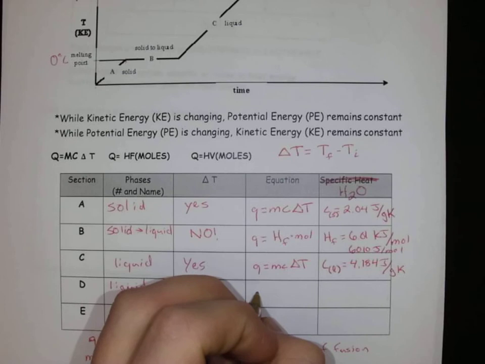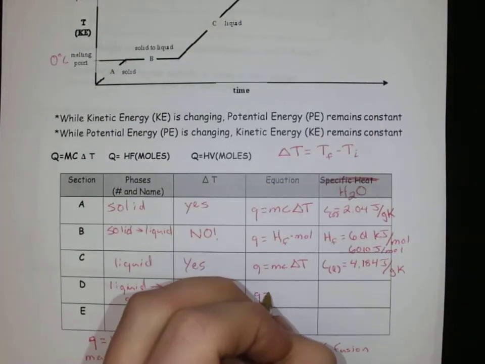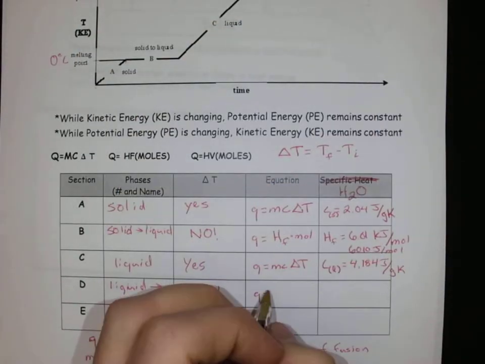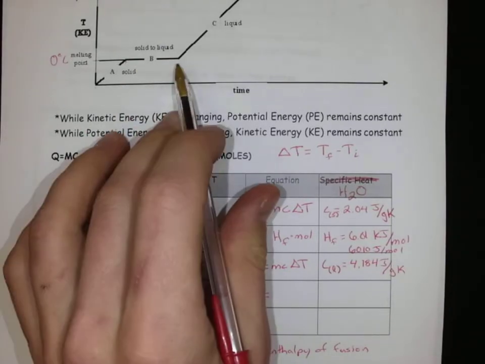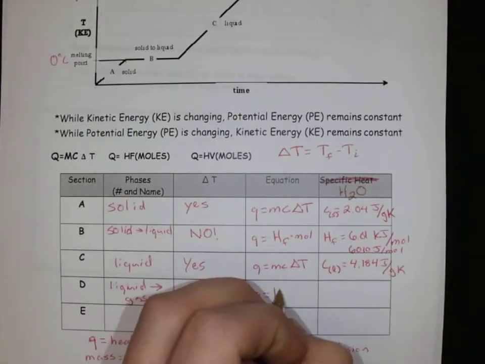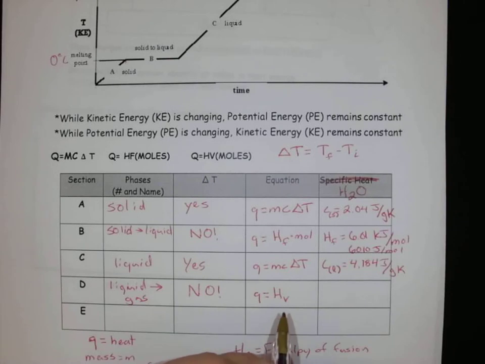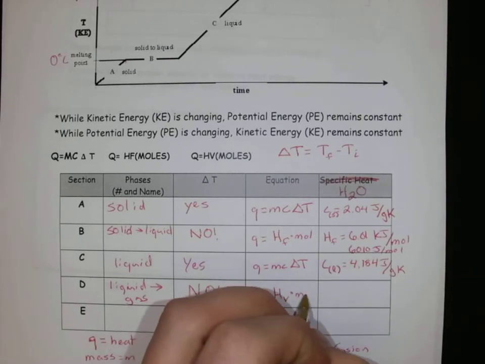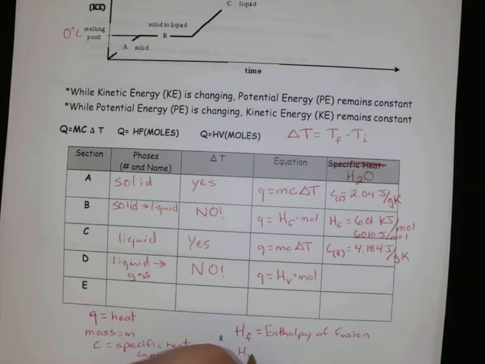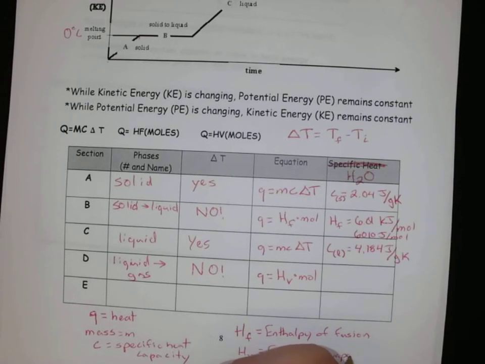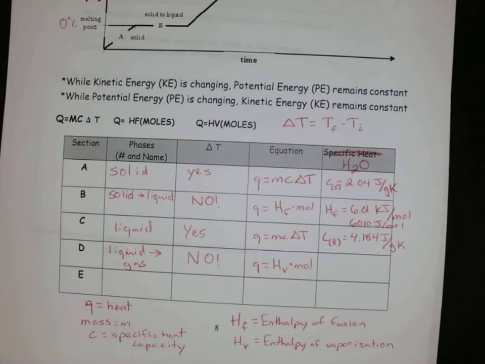So our equation to describe this section, as we go through that boiling, is going to be similar to our melting point. But for our boiling, we're going to use the heat or the enthalpy of vaporization times moles. So the heat of vaporization, the enthalpy of vaporization, is the molar heat that it takes to vaporize our compound.